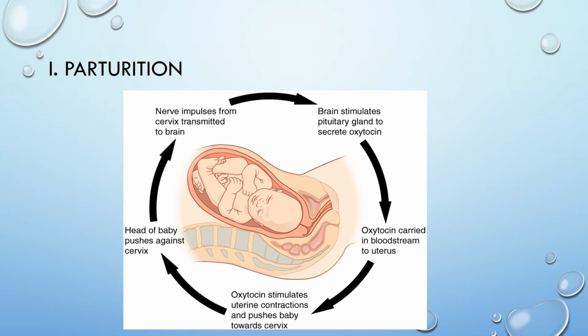Another contraction will stimulate another release of oxytocin, and another contraction will occur, and the whole process will repeatedly occur until the strongest contraction enables the baby to be expelled from the uterus.